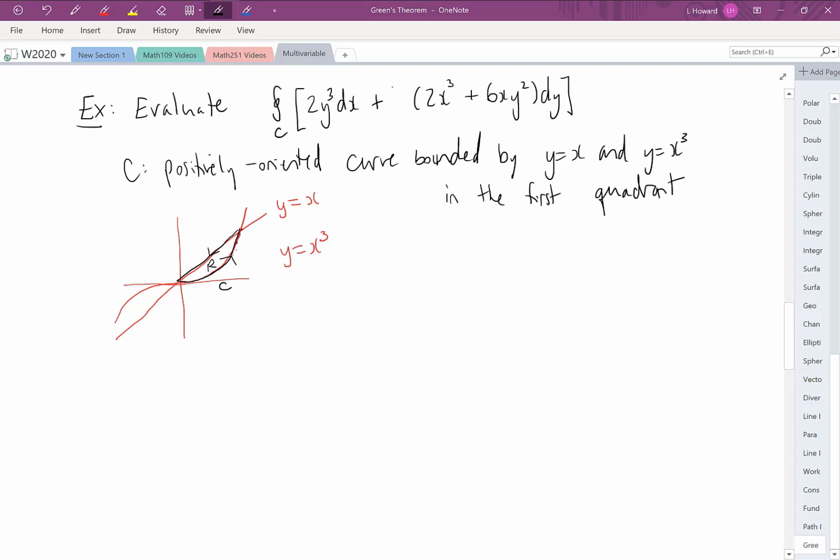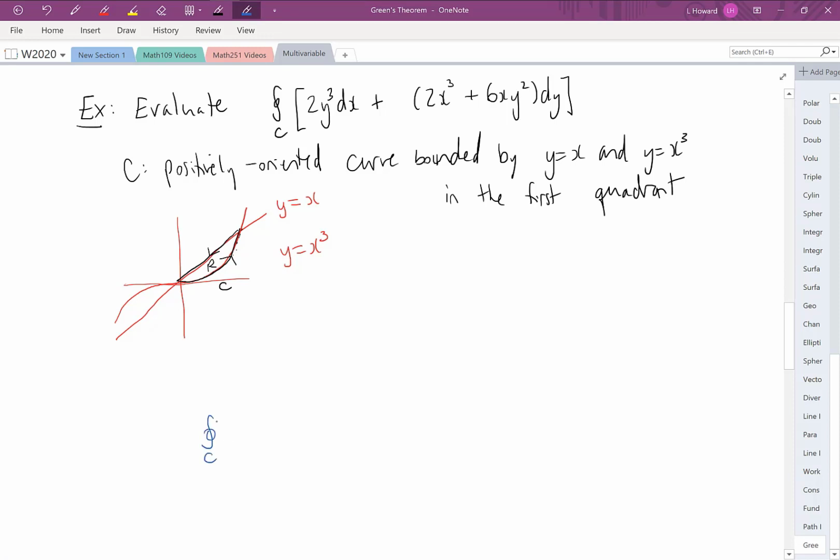Now, if we were going to evaluate this line integral directly, then we would need to parameterize the portion of y equal x cubed, parameterize the portion of y equal x, and then sum up the two line integrals over those two different curves. But Green's theorem is going to allow us to vastly cut down on the amount of work here. So I think I'll write down Green's theorem towards the bottom of the screen just so we remember what we're trying to do here.